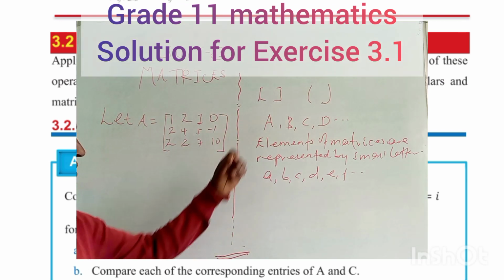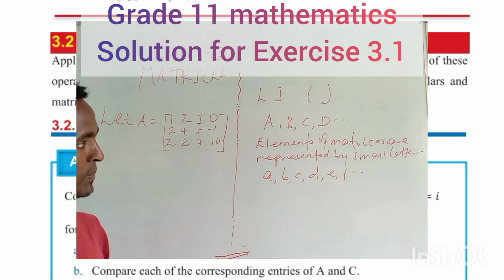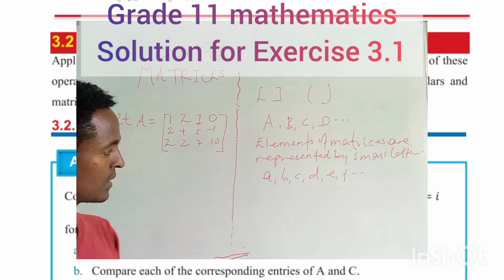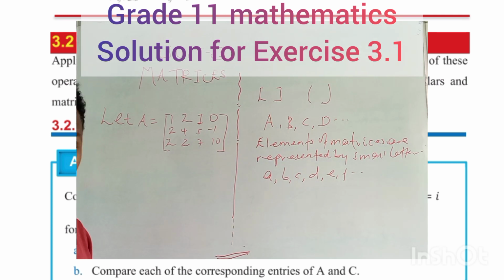So a matrix is represented by a capital letter, whereas the elements of the matrix are represented by small letters.